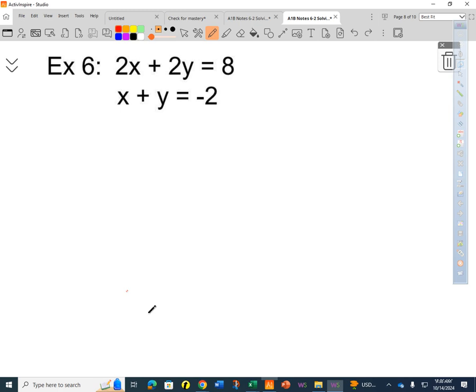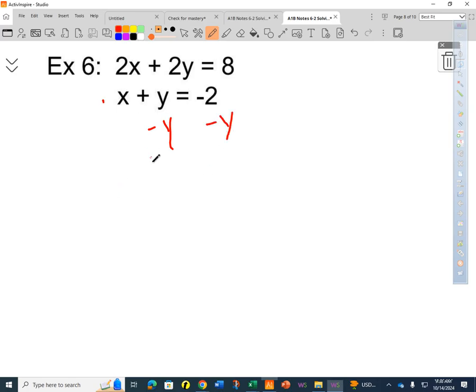All right, so now we have two equations, 2x plus 2y equals 8, and x plus y equals negative 2. So I need to isolate either x or y. And I'm going to use this one because there are no coefficients here. Doesn't really matter which one we isolate. I'm going to isolate the x by subtracting y.